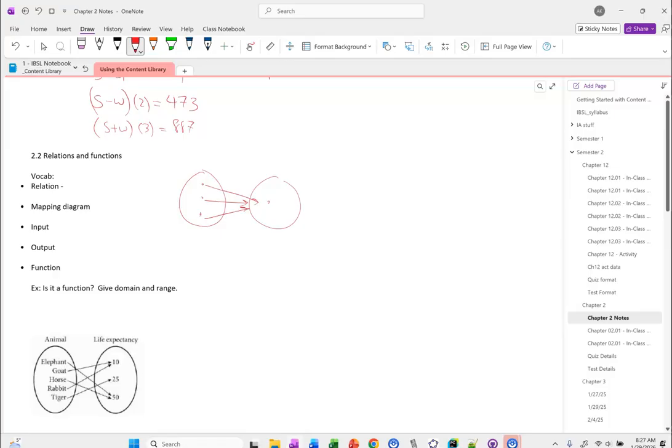Is this a function? Yes. Right? Again, domain and range.